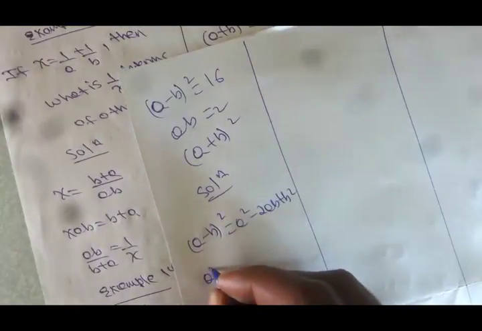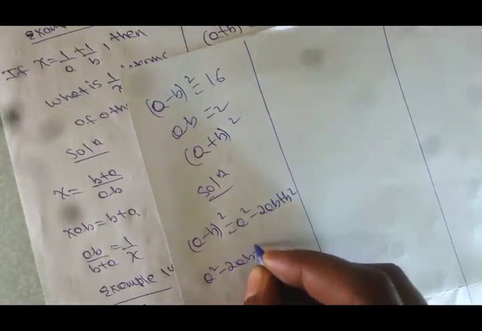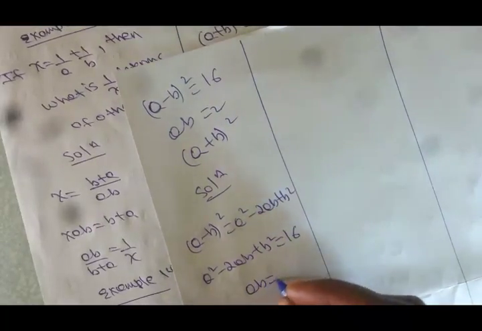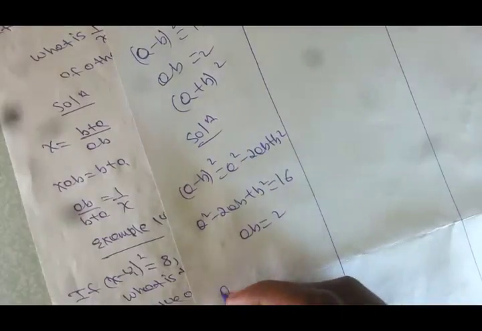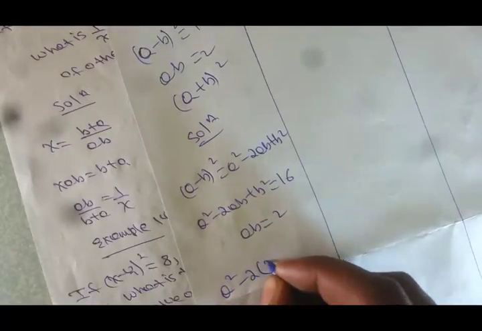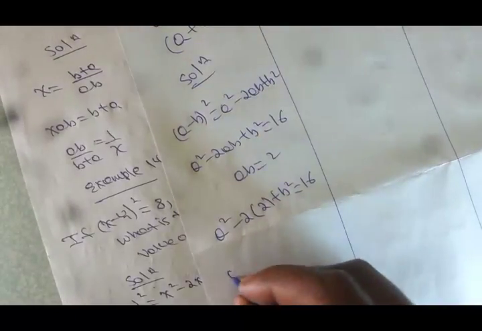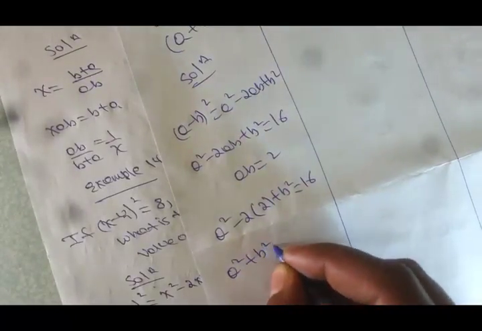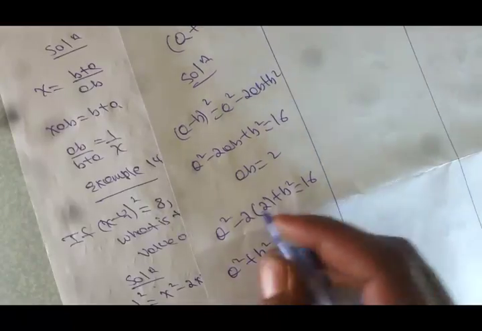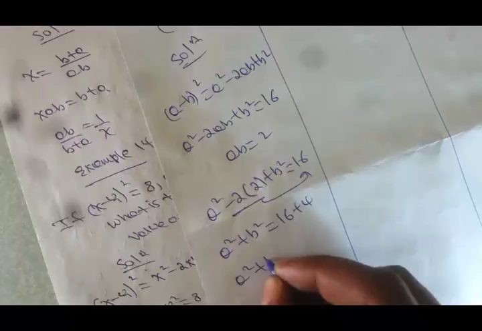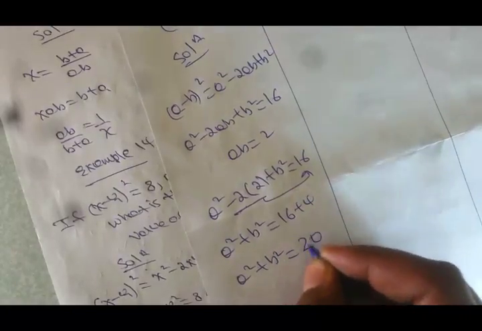Therefore, a squared minus 2ab plus b squared is equal to 16, and we know ab is equal to 2. Therefore, a squared minus 2 times 2 plus b squared is equal to 16. When this negative 4 is brought to the right, it becomes plus. Therefore, a squared plus b squared is 16 plus 4, which is 20.